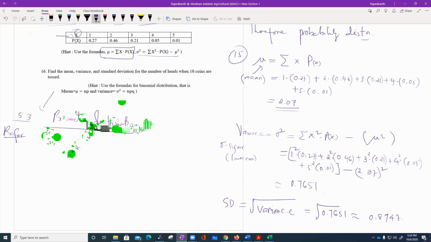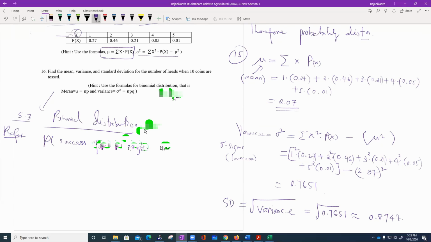The probability of success for a single trial, you have to assume that you are performing only one time, tossing one coin. Remember, the probability of success for a single trial is denoted by little p in our notes, right?